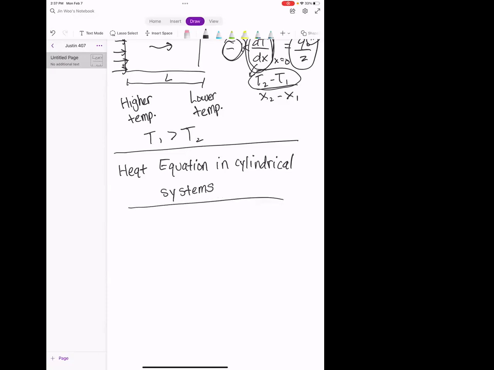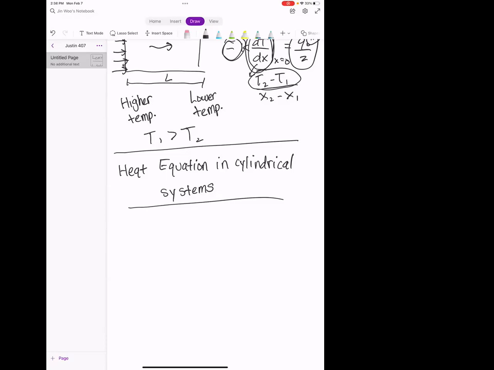The biggest difference here is in the form of the heat equation, because the ones we used for the homework and talked about last week use Cartesian coordinates, x, y, and z, although for our case it's only x.